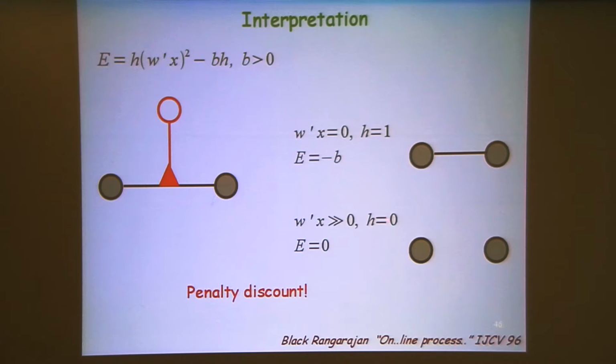By setting the latent variable to 0, this is multiplied by 0, and you get an energy which is 0. So you got a big discount in terms of energy. You don't pay W transpose X squared, you pay 0. So introducing the latent variable allows you to model breakdown of smoothness, or violations of constraints.